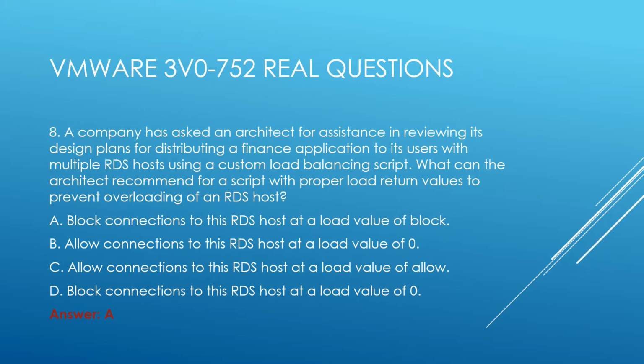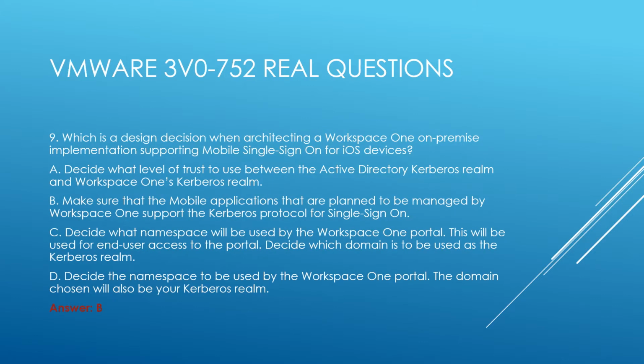B. Allow connections to this RDS host at a load value of 0. C. Allow connections to this RDS host at a load value of allow. D. Block connections to this RDS host at a load value of 0. Answer: A.